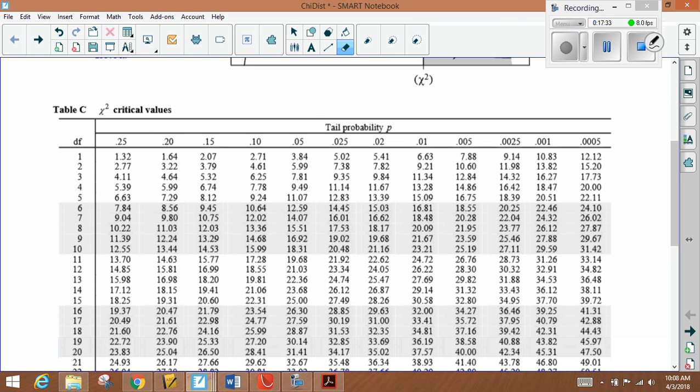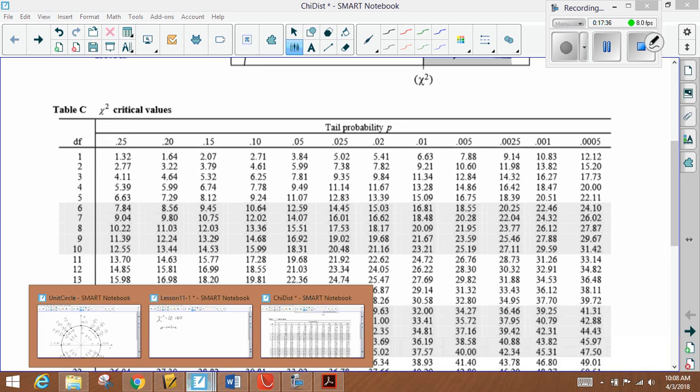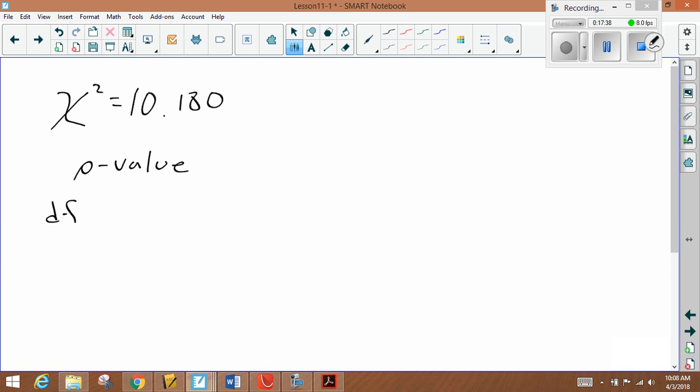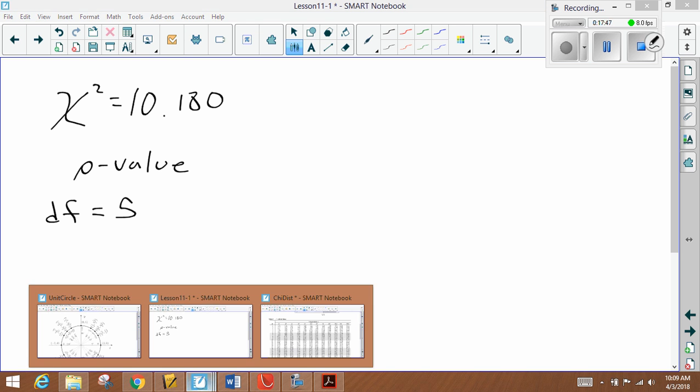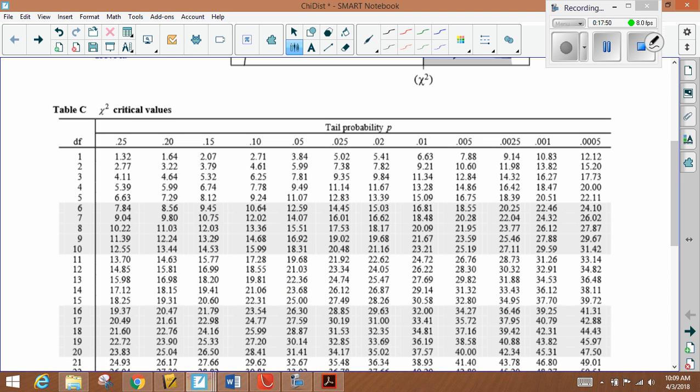All right. And let's find our degrees of freedom. So what if we had degrees of freedom equal to 5? All right, so again, we're going to look here. But now we're looking for a value of 10.18. So that is going to be between 9.24 and 11.07.